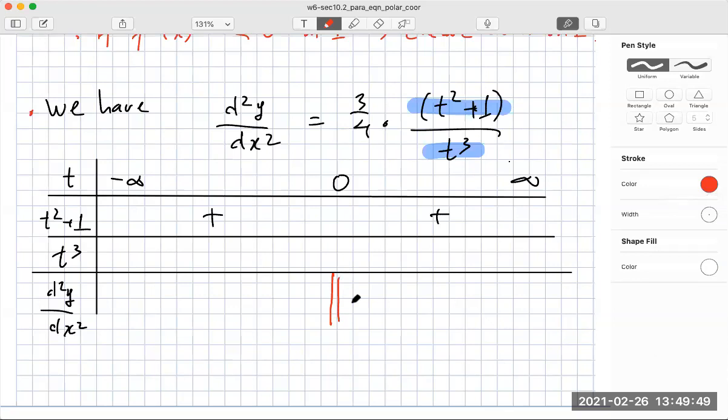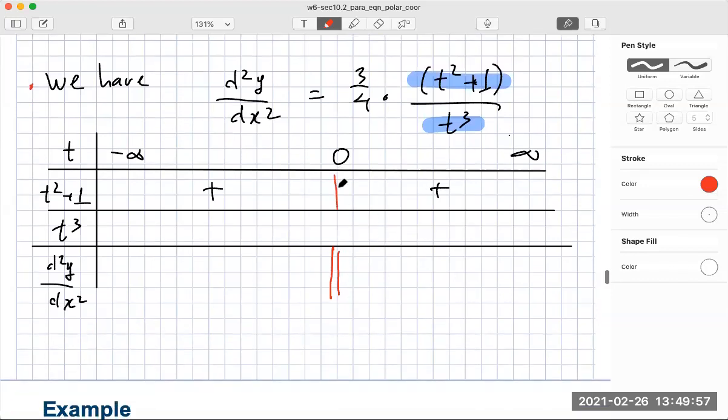It's undefined, right? The denominator equal to 0 is undefined, so we don't know. So we use this notation, okay? Let us just remove the values of these guys here. But now, t cubed is a cubed function.